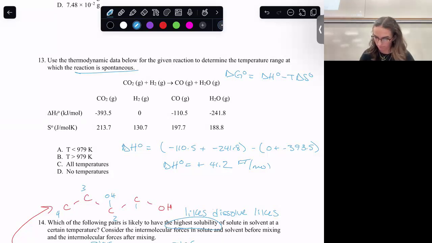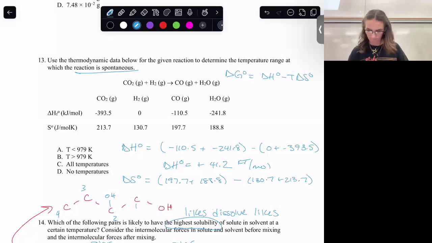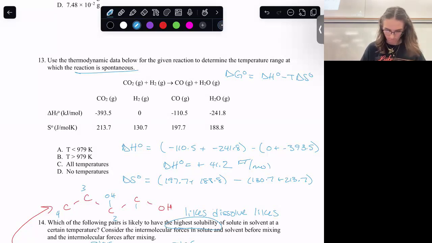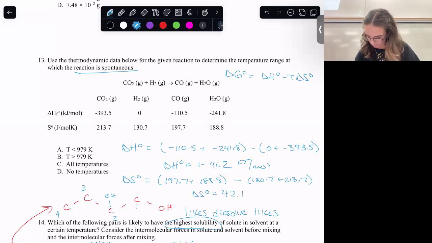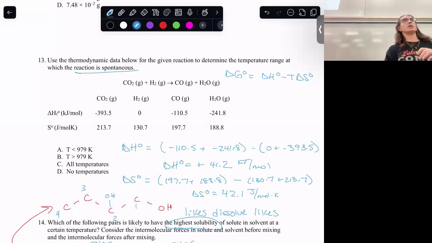No. So I have to find delta S. Right, and so we have the delta S is increasing in entropy.